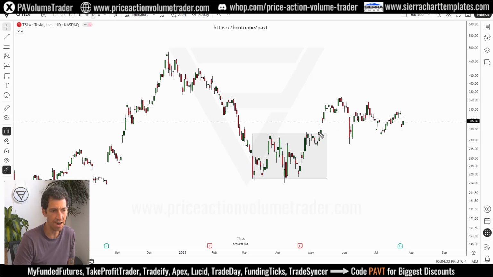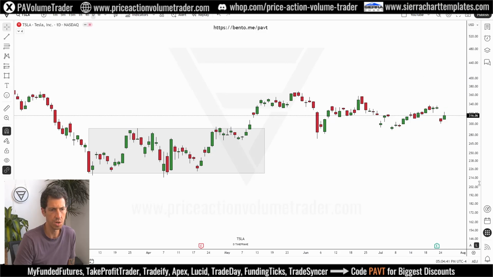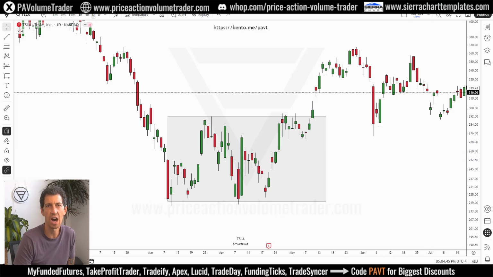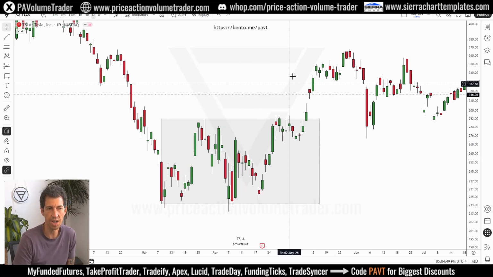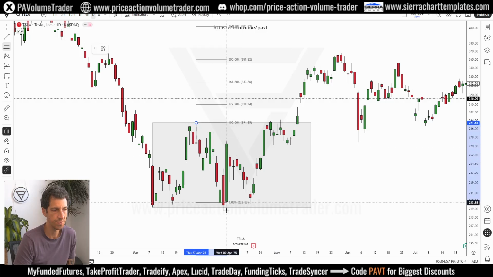Once we have the breakout and the close of this daily candle, let me zoom in so it's easier to see, and we will take a Fibonacci extension of this range. So we're going to measure the range breakout. We take the Fibonacci tool and go from the top edge down to the bottom edge.